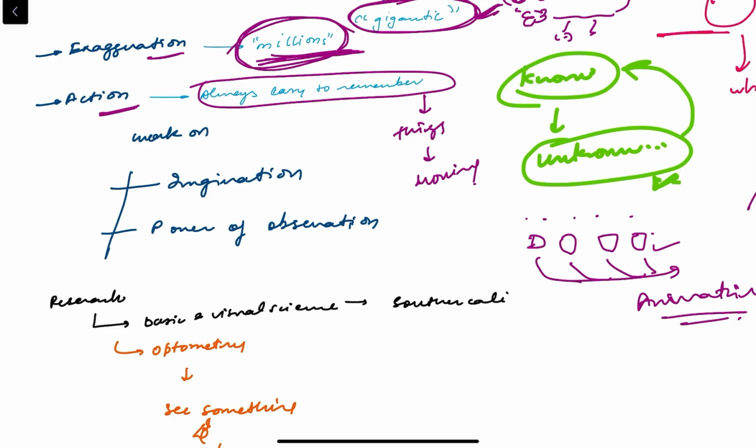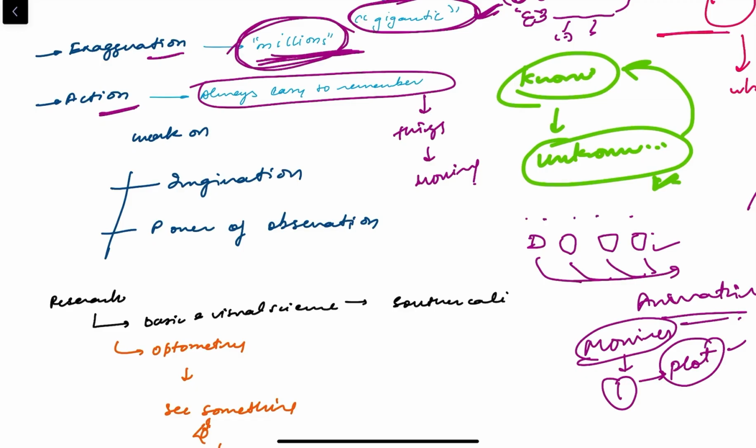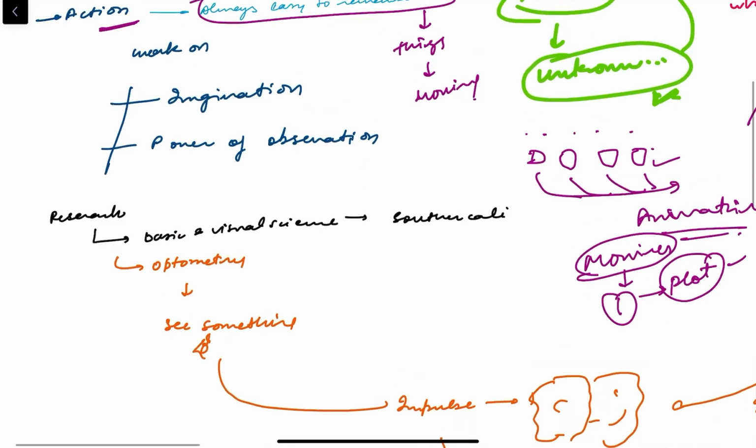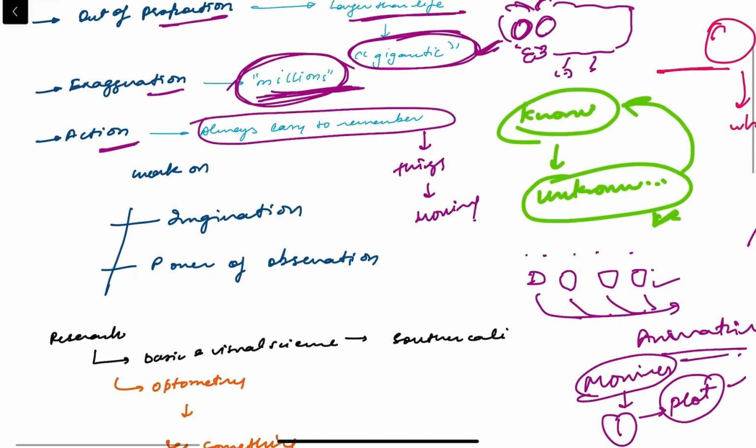That's why we remember movies. You just have to watch a movie once in your life and you would remember the entire plot by heart. You don't have to revise it again and again or memorize it. You even remember who acted, who played which part, what happened after this, scene by scene.